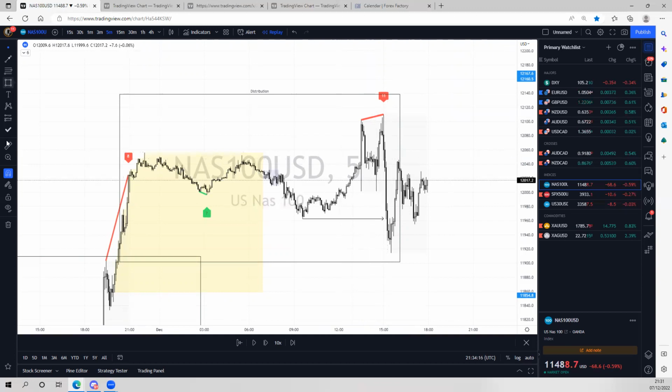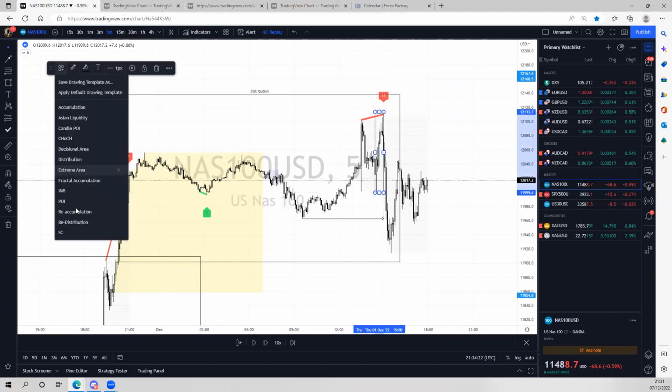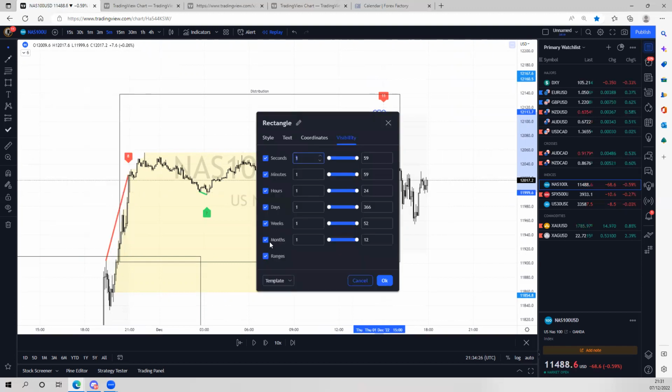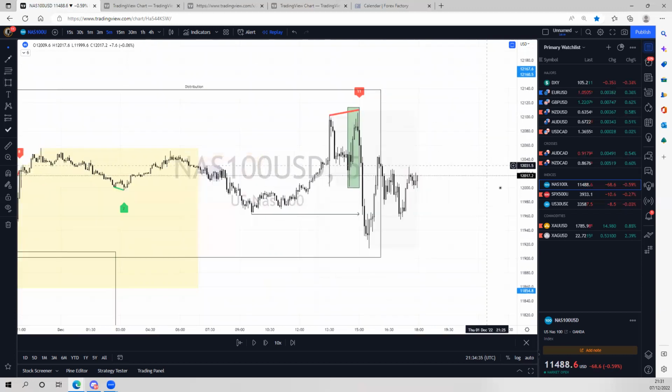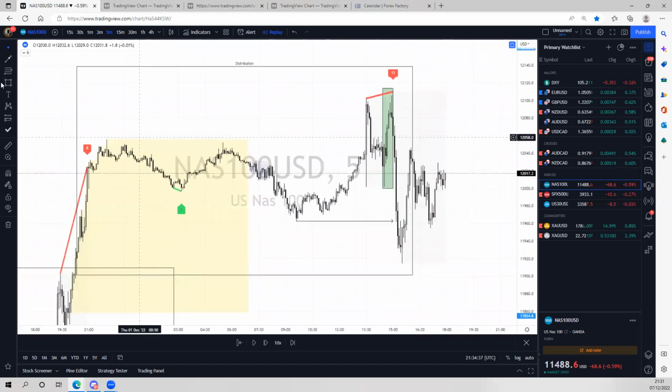So this here is the area of interest for me because that's the manipulation. Just jump these down so it doesn't mess the charts up. So here we have the area of manipulation.